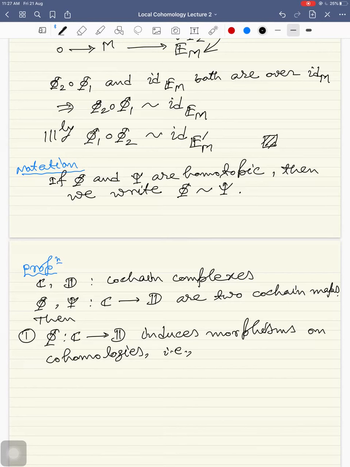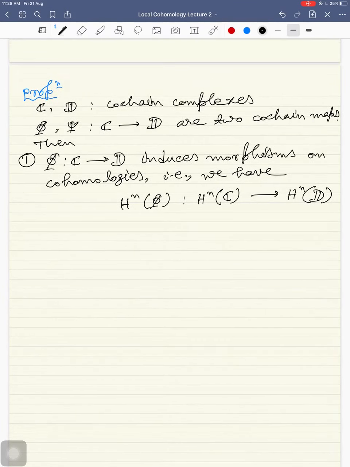That is, we have this collection of maps.